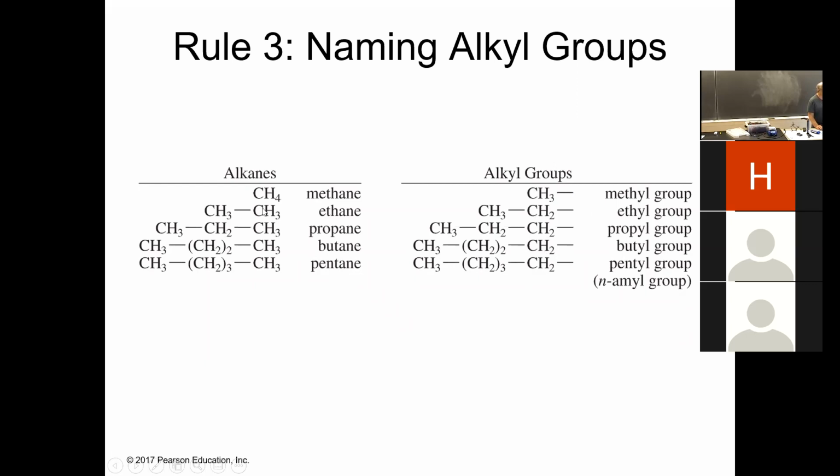And then ethane, we remove a hydrogen, it becomes ethyl. And then propyl and butyl and pentyl. This is the old name amyl or N-amyl for pentyl. This still has use in commercial products.